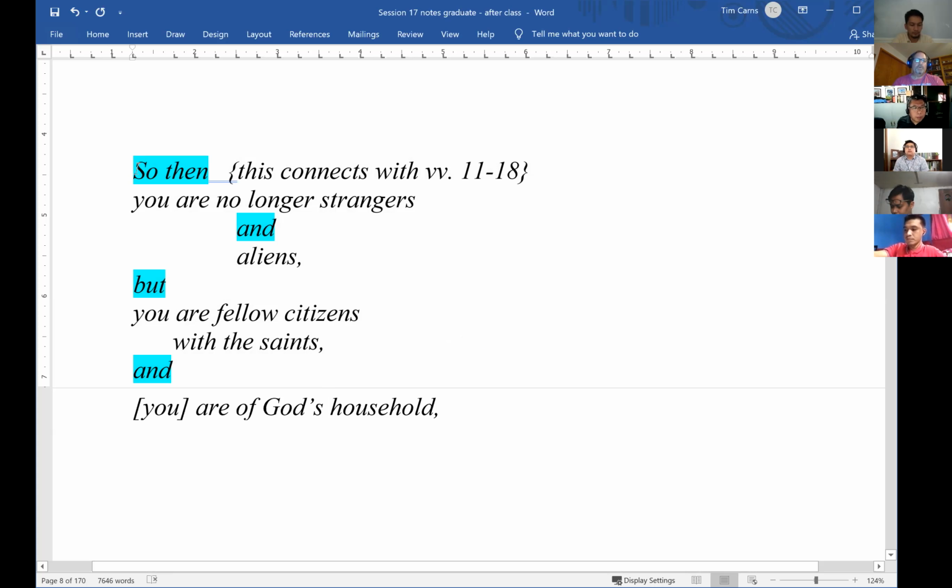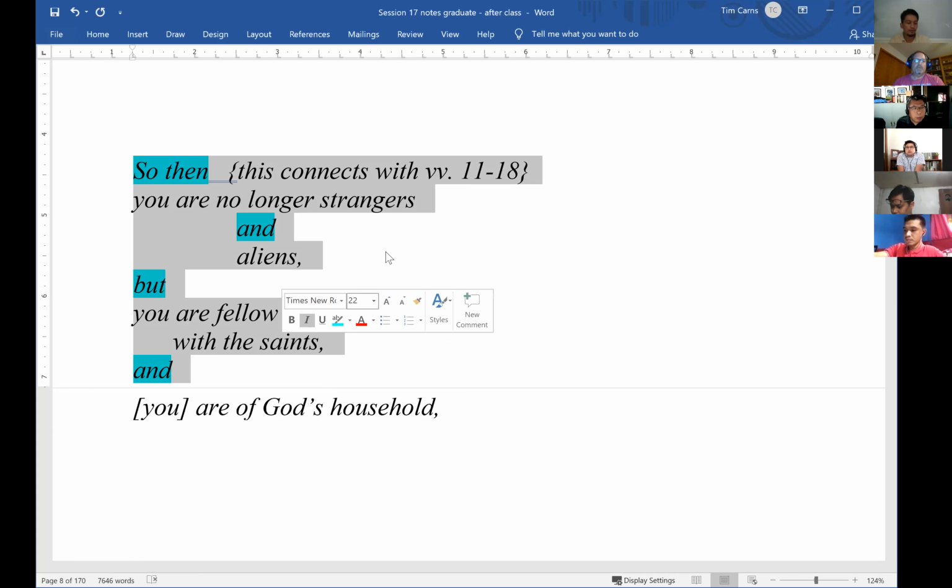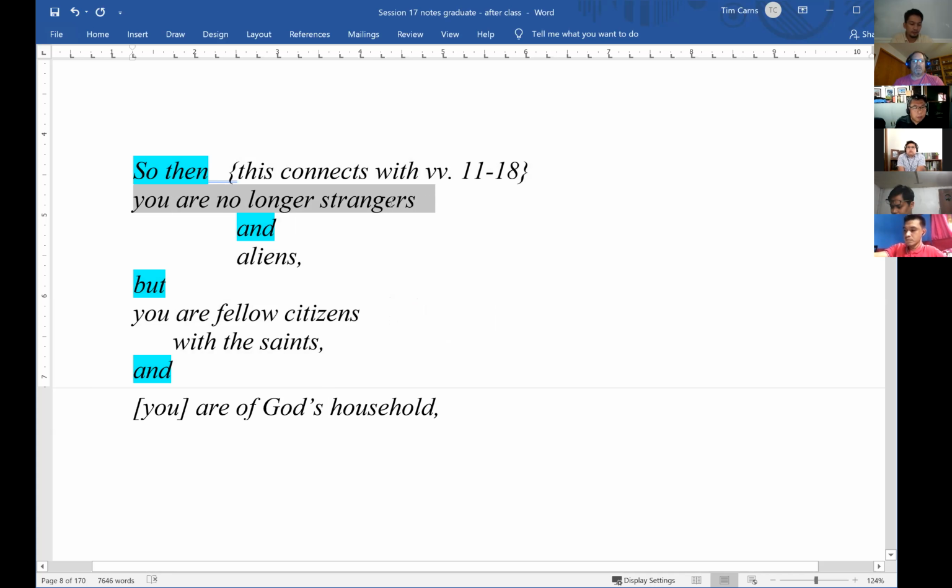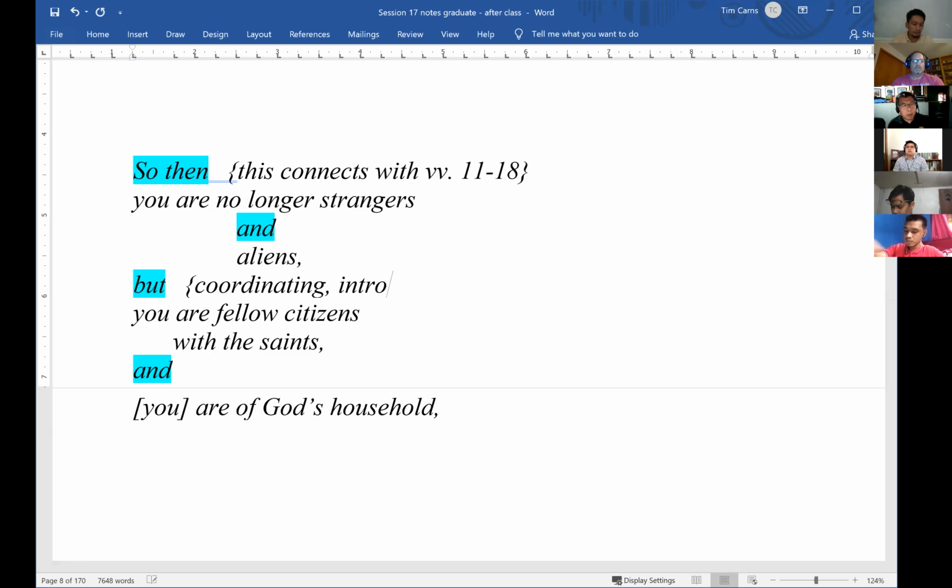All right. But within the paragraph, it begins with the independent clause, you're no longer strangers. And then "but," so this is, again, coordinating. So it's grammatically equal to "you're no longer strangers." That means that it's introducing or coordinating another independent clause. How do I know that?